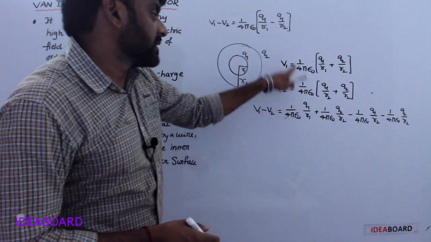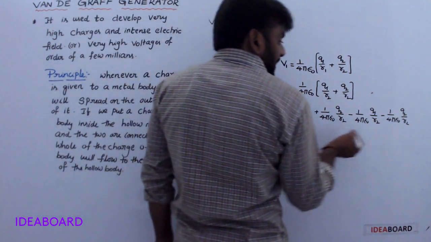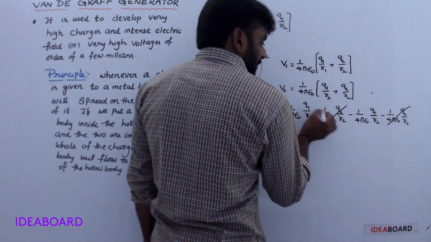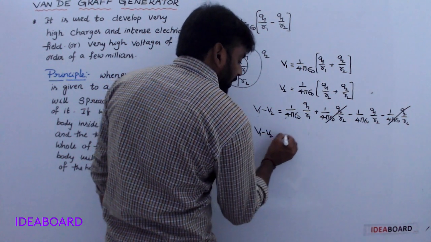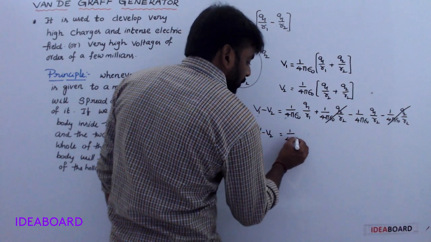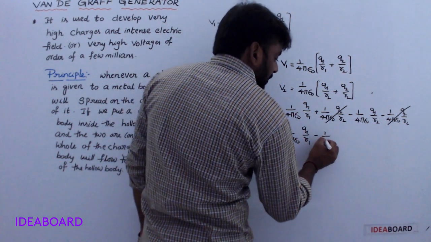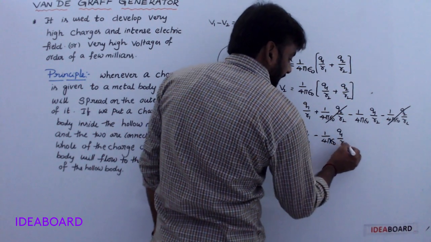Okay. Subtract here v1 minus v2. In this case the 1 by 4 pi epsilon naught q2 by r2 terms cancel. Now v1 minus v2 equals 1 by 4 pi epsilon naught q1 by r1 minus 1 by 4 pi epsilon naught q1 by r2.